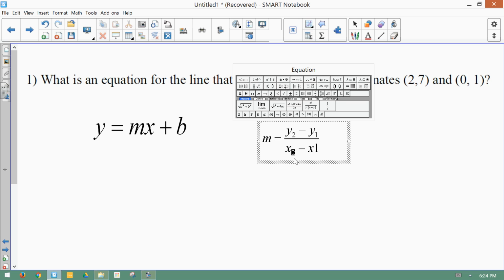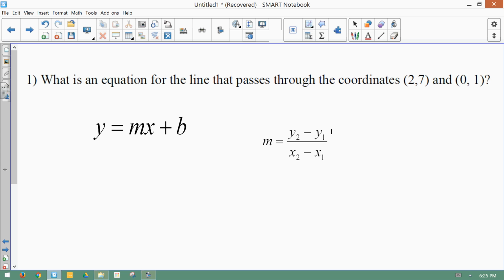It's always a good idea to write down the formulas at least once so that you can get used to writing them. This is what we call the slope equation, or the slope formula.